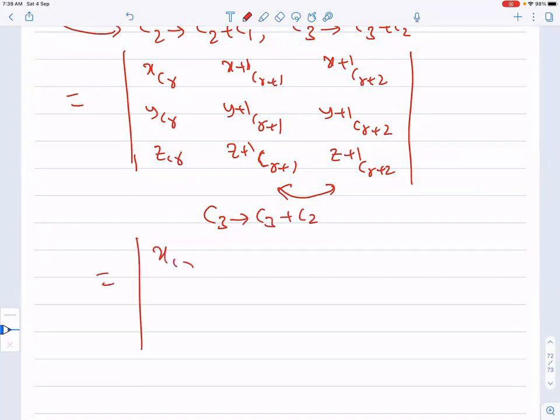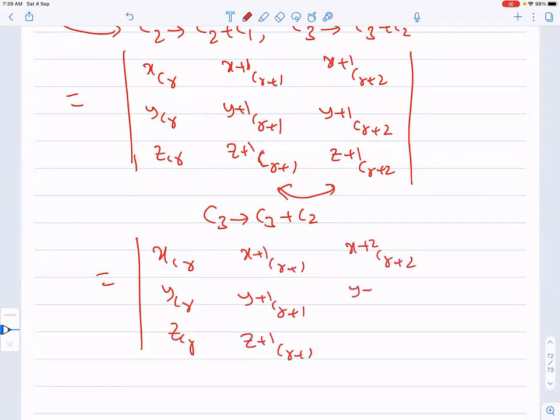So XCR, YCR, ZCR, X plus 1 CR plus 1, Y plus 1 CR plus 1, Z plus 1 CR plus 1. Addition of these two will give you X plus 2 CR plus 2, Y plus 2 CR plus 2, Z plus 2 CR plus 2. Understood, students? Please write it down.